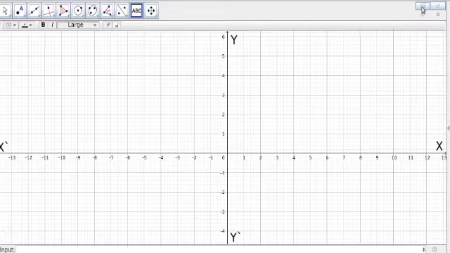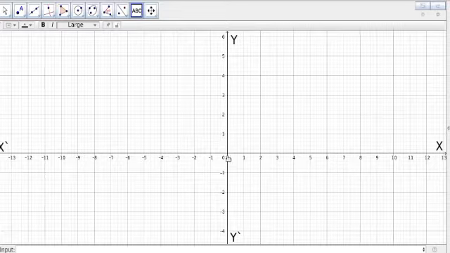This horizontal line, the x dash line, is called the x-axis, and this vertical line, the y dash line, is called the y-axis. The x-axis and y-axis meet at a point. This point is called the origin, and the coordinates which represent the origin are (0, 0).